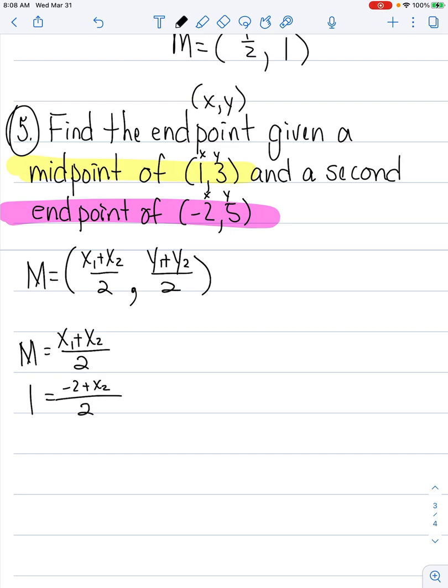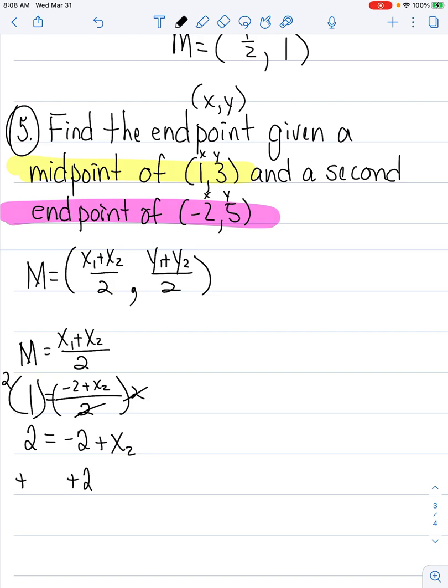Okay, see how I plug in what I have, and now I'm just going to work backwards and solve for that x value that I need. So first, I'm going to multiply both sides by 2. So 2 equals, this just cancels, -2 plus the second x. How am I going to isolate this x?